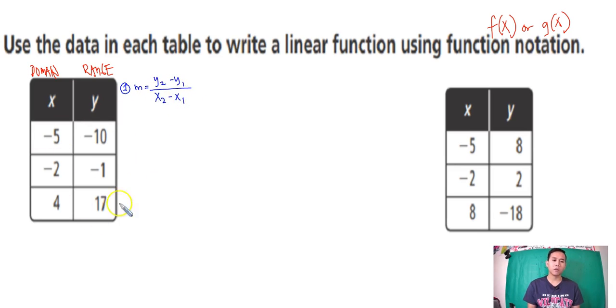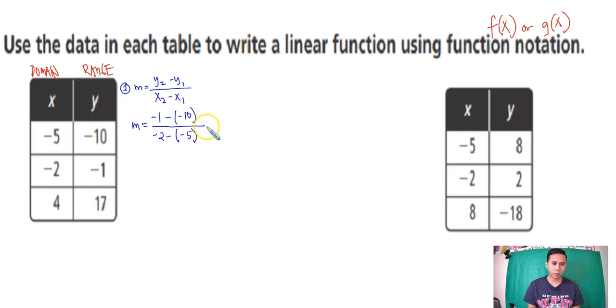You can choose any of the points. So I'll be using the first 2 points, which are -5, -10 and -2, -1. So m is y2, which is -1 minus -10, over x2, which is -2 minus -5.